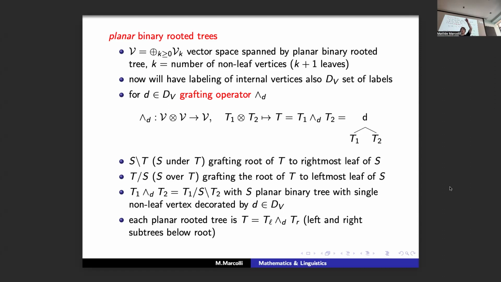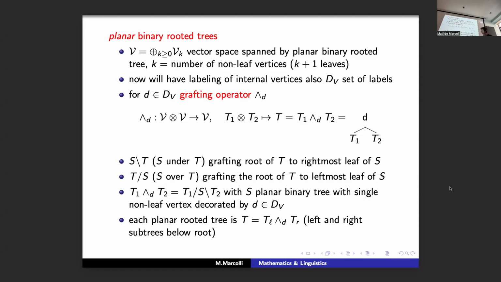So you have a tree S, you keep it by the root, and then you slide down the tree T along its right side until you get to the bottom, and then you attach it. And here you again hang your S, and you slide down T on the left side until you get to the bottom, and then you attach it down there. So you graft the root of T to the rightmost leaf, and here you graft the root of T to the leftmost leaf.